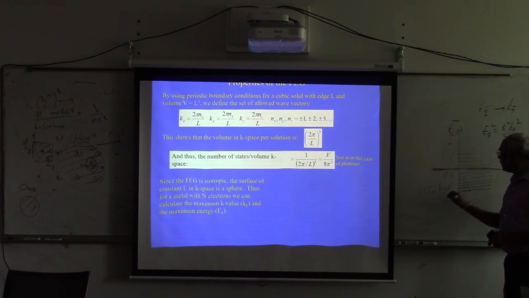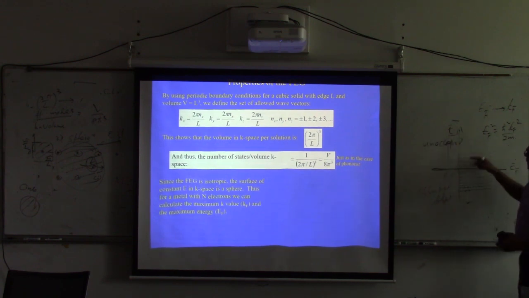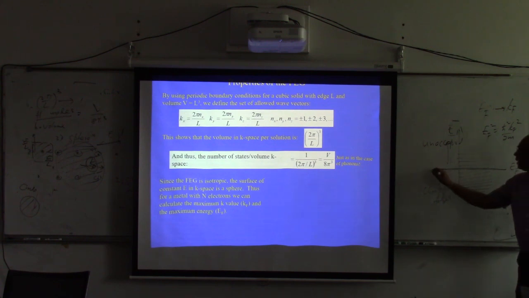These are called the unoccupied. But these are all available for electrons to be filled. But not all states are filled up to the maximum. You have more states, right? But only the electrons up to this maximum energy are filled.